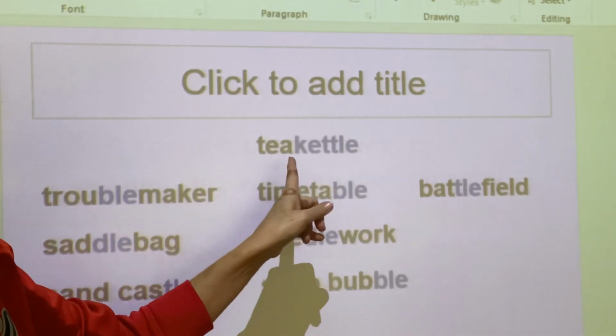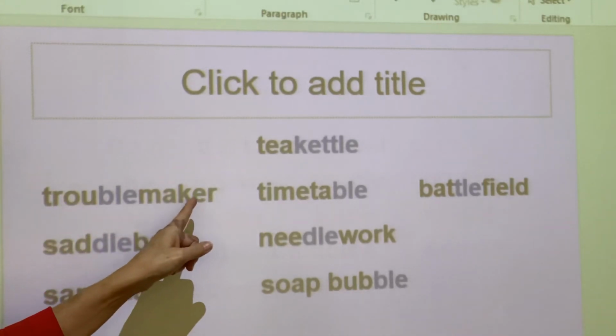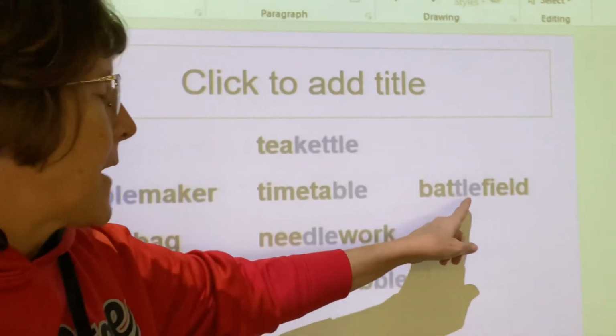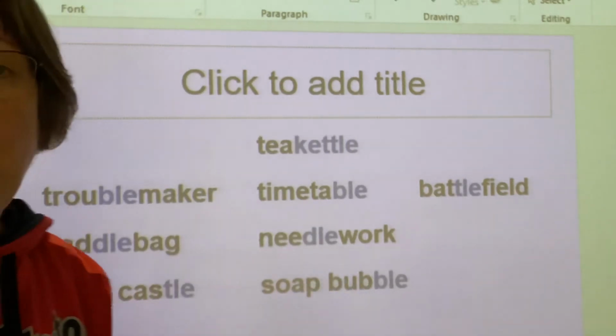Kettle with the word tea in front of it, tea kettle. Troublemaker, timetable, battlefield, saddlebag, needlework, sand castle, soap bubble.